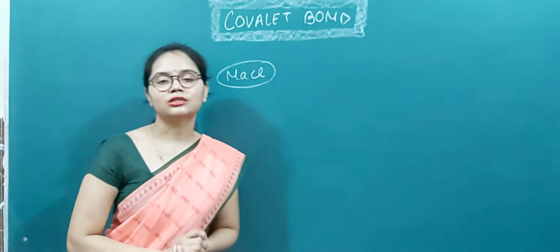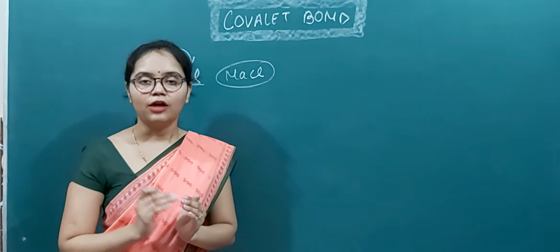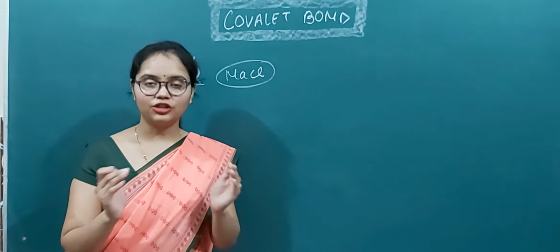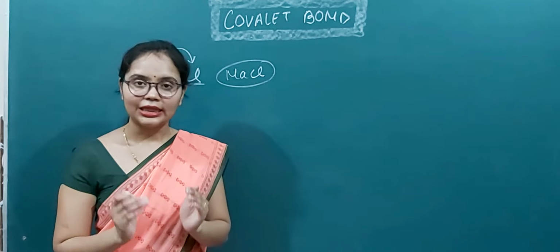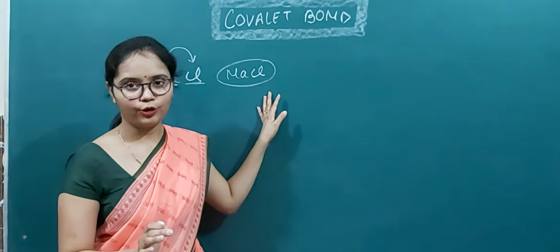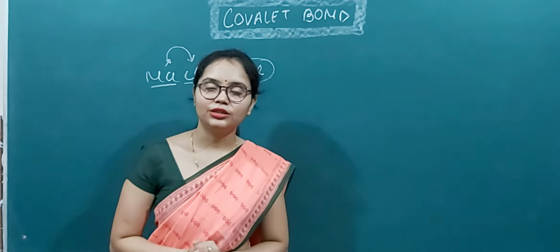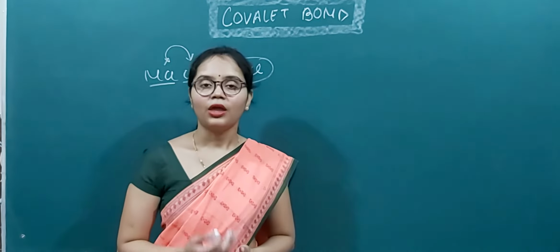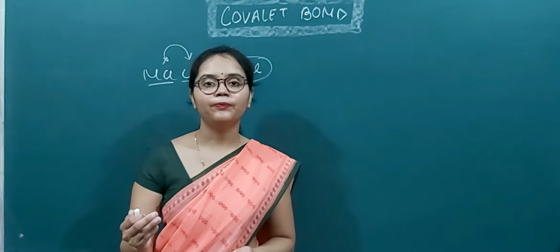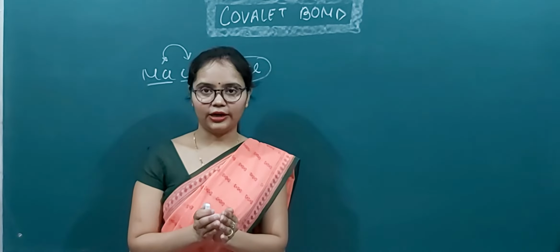So it is clear to us that the molecule which has constituent particles with a very large difference in electronegativity will form an ionic compound. They will form an ionic bond or ionic compound, you can say. Now what about the compounds in which the constituent particles either have exactly the same electronegativity or slightly different electronegativity?